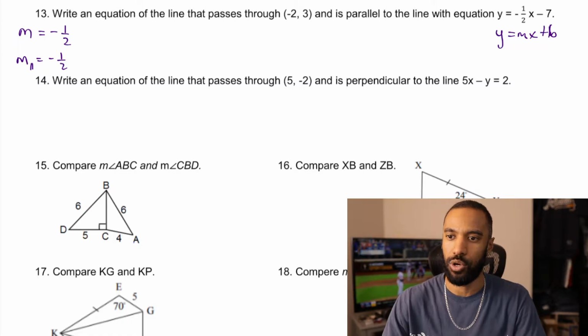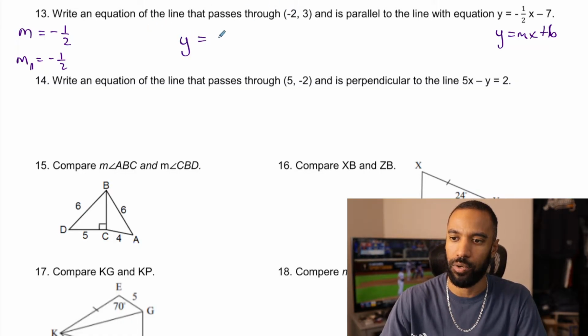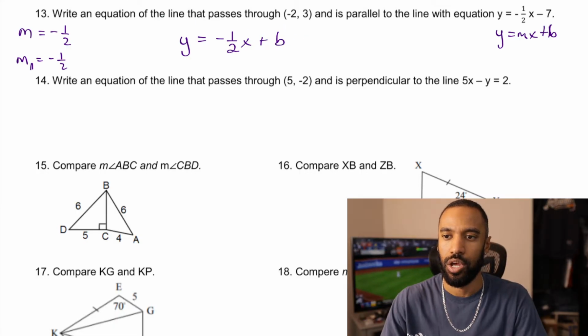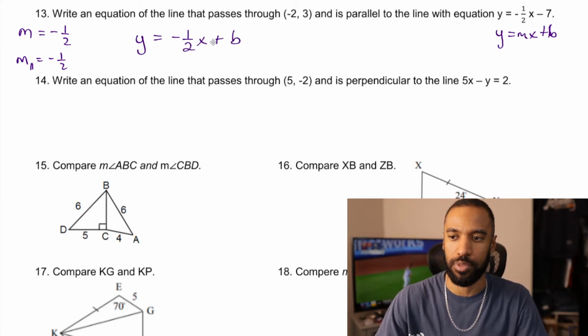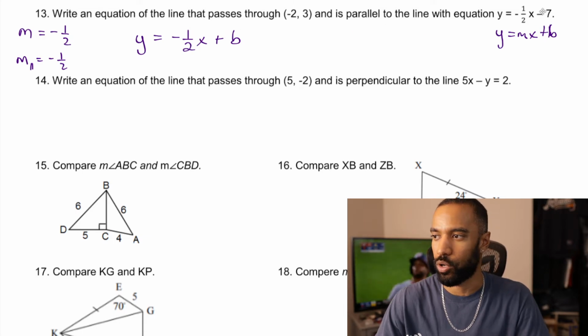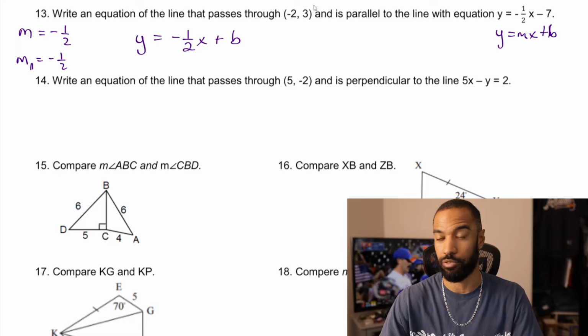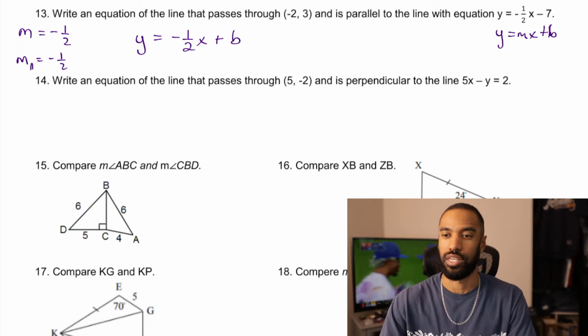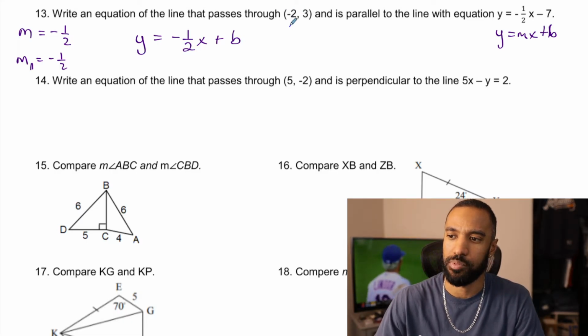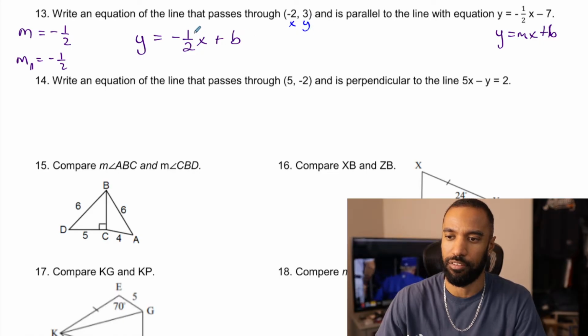That means this equation will also have a y equals negative 1/2 x setup and then a plus b. We don't know what y-intercept this one will go through. This one crossed through negative 7, and at x equals negative 2, it probably has a different y value than 3. What is this one going to be right here? We have to substitute negative 2 for x and 3 for y to figure that out.